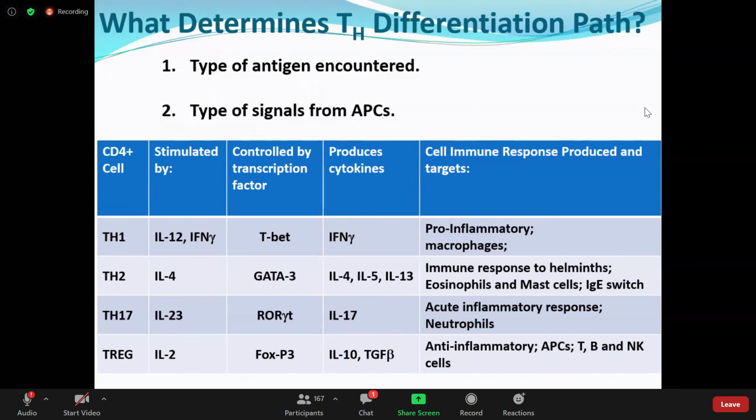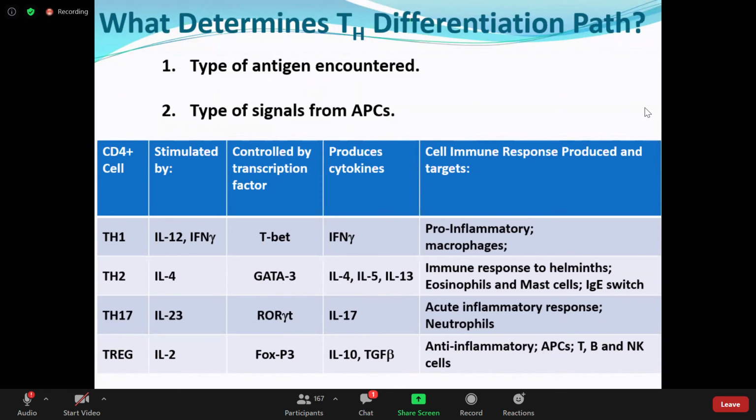The antigens that these antibodies are directed against are these transcription factors: Tbet, GATA3, ROR gamma T, and FOXP3. These transcription factors are responsible for directing a Th0 cell to become a Th1, Th2, 17, or whatever.